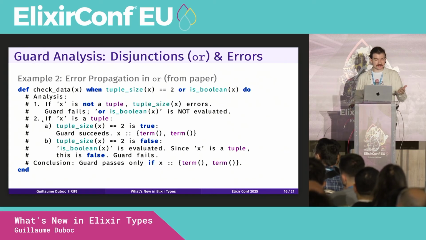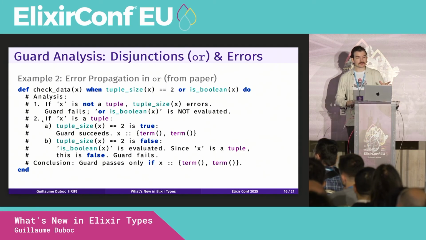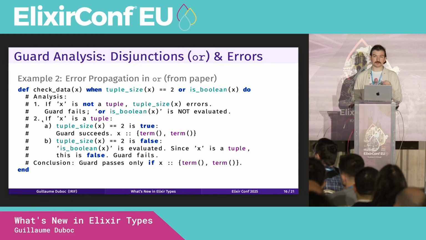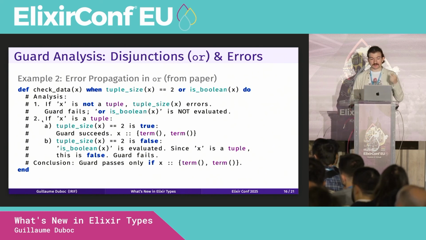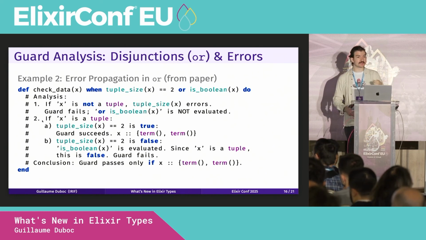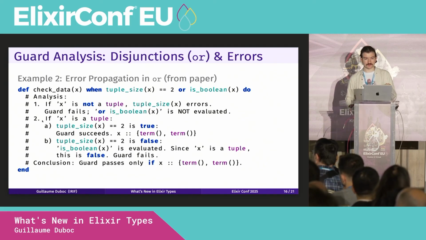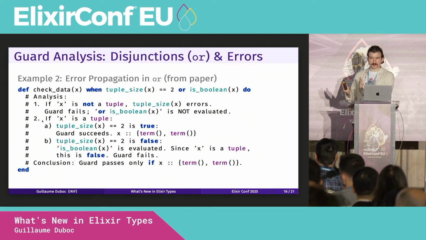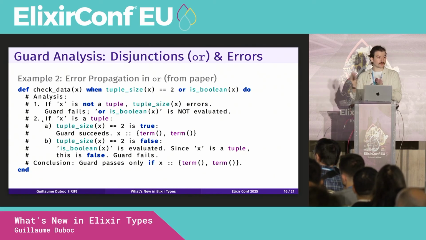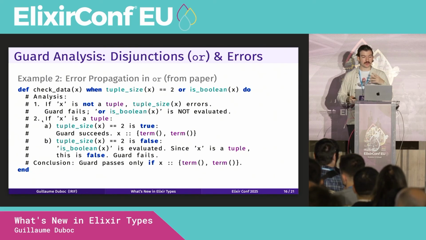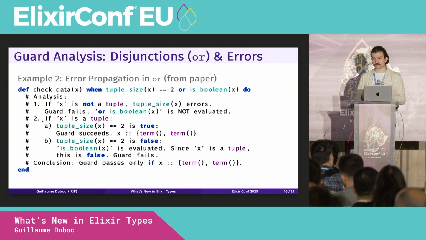And now if X is a tuple, tuple size of X being 2 may succeed, in which case it's a pair. But if it doesn't, X is still going to be a tuple for the guard not to fail. And we evaluate the rest of the guard with this assumption. And in this assumption, is Boolean is never going to succeed. So the only values that make this guard succeed are simply pairs.